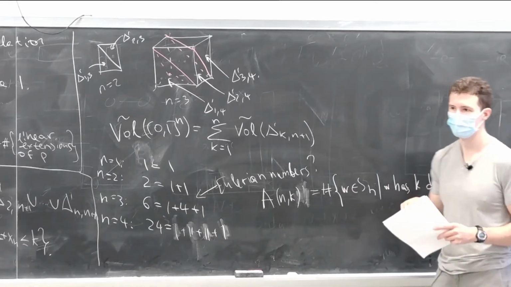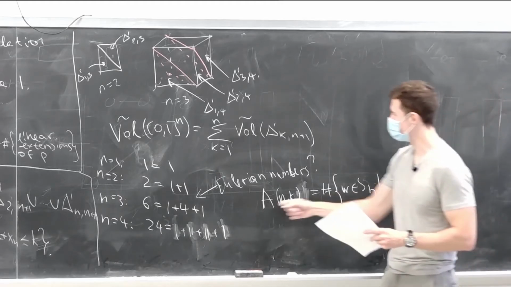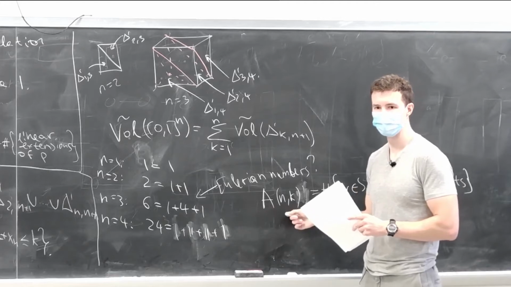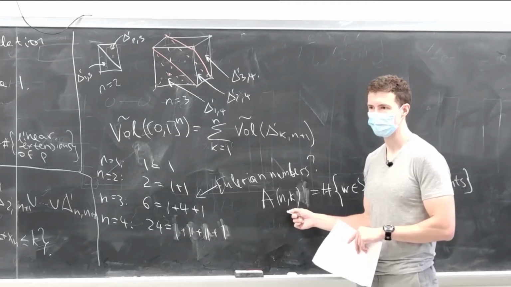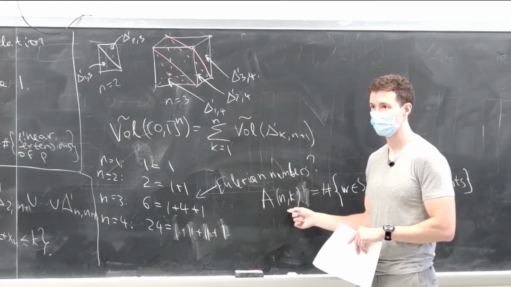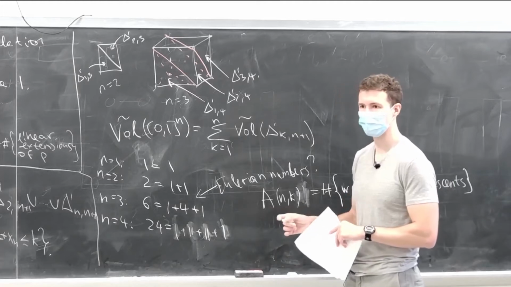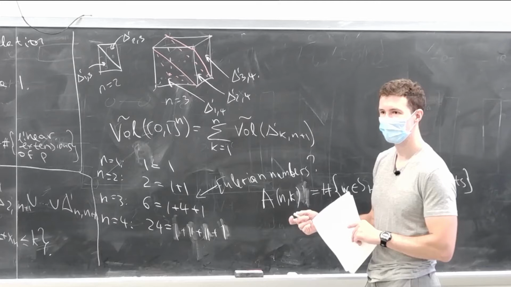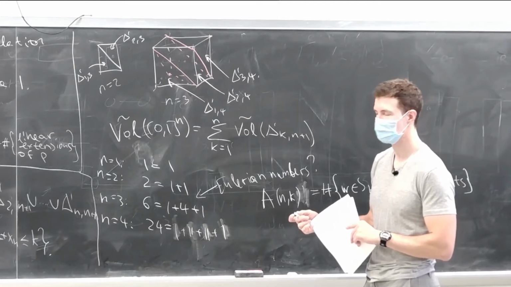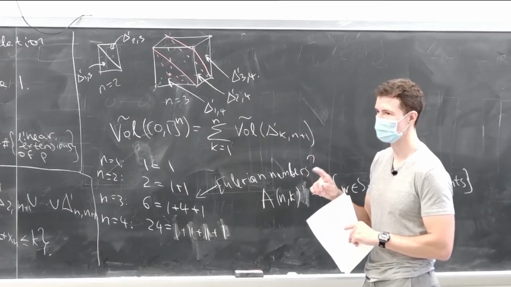And where did we see these numbers? How did they appear previously in our class? H vectors of what? Simplices? Actually, no, for simplices the h vector is just 1, 1, 1, 1, 1.